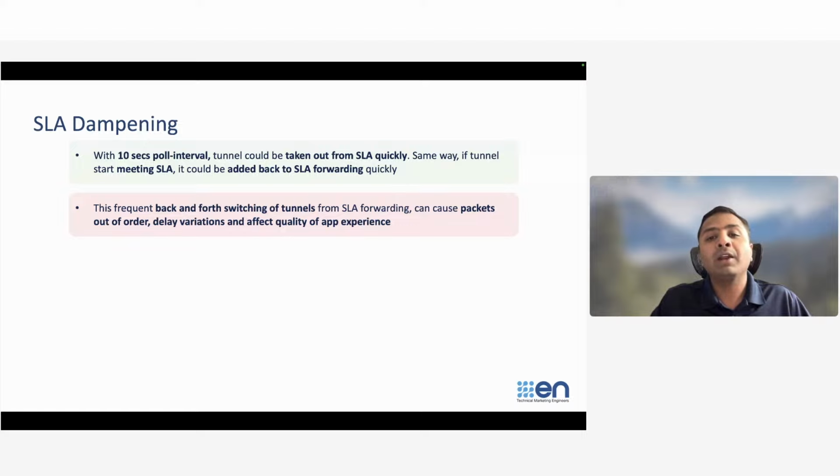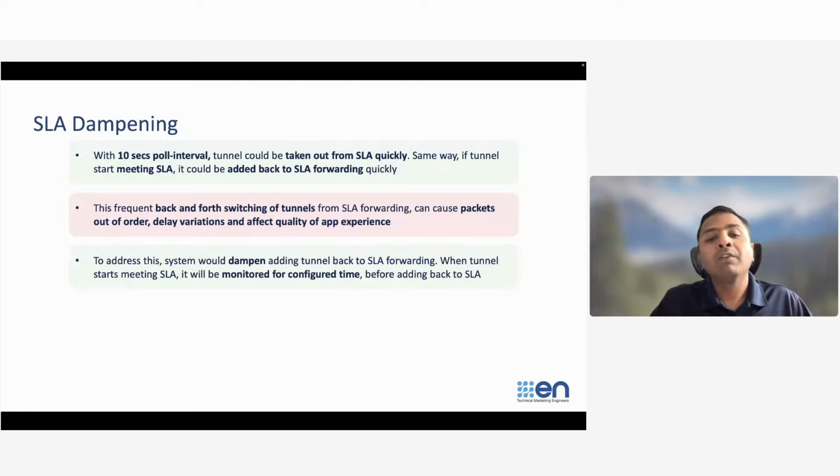This can cause packet out of order issues. It can cause delay variation, and the end outcome would be that your users will have a bad application experience on the network. So in order to stop this from happening, we introduce this dampening capability.